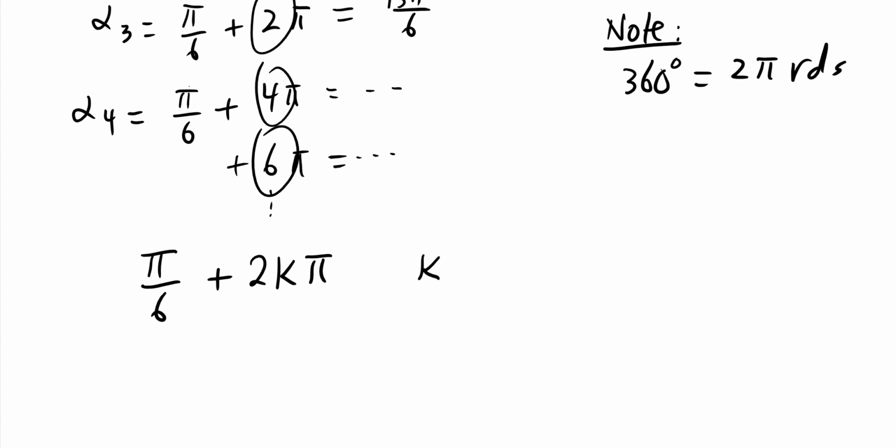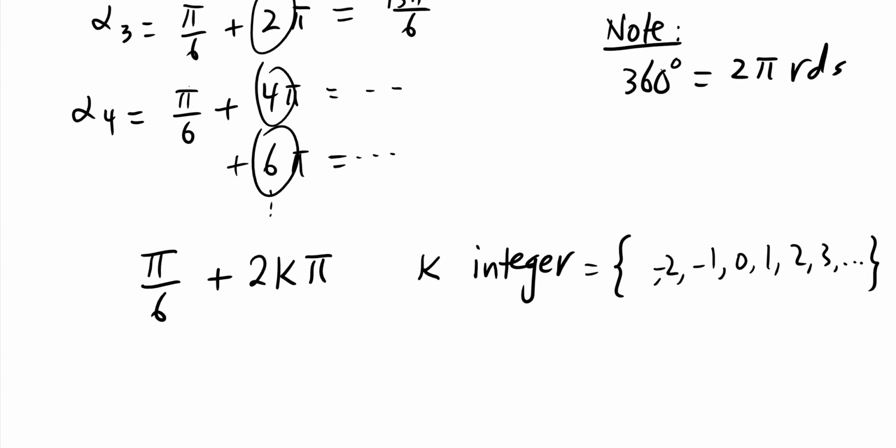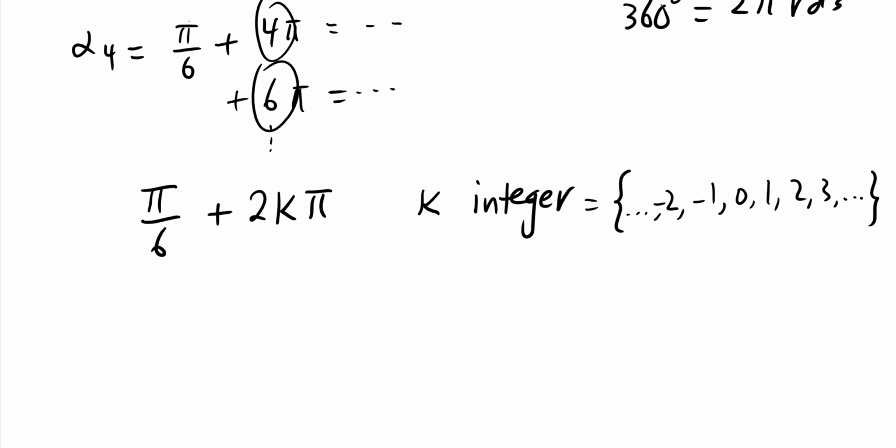So the minus 2k pi and plus 2k pi can all be included by saying k is an integer. Just to remind you, k integer means it could be 0, 1, 2, 3, etc. or -1, -2, etc. So if you take k equals 1, you get the next one, k equals 2, the next one, k equals -1, you get the next one, and so on and so forth.